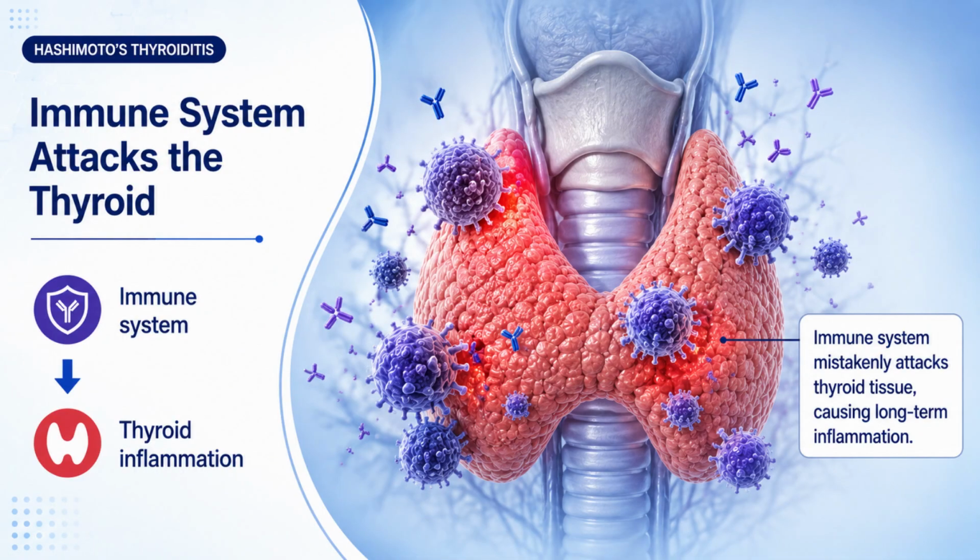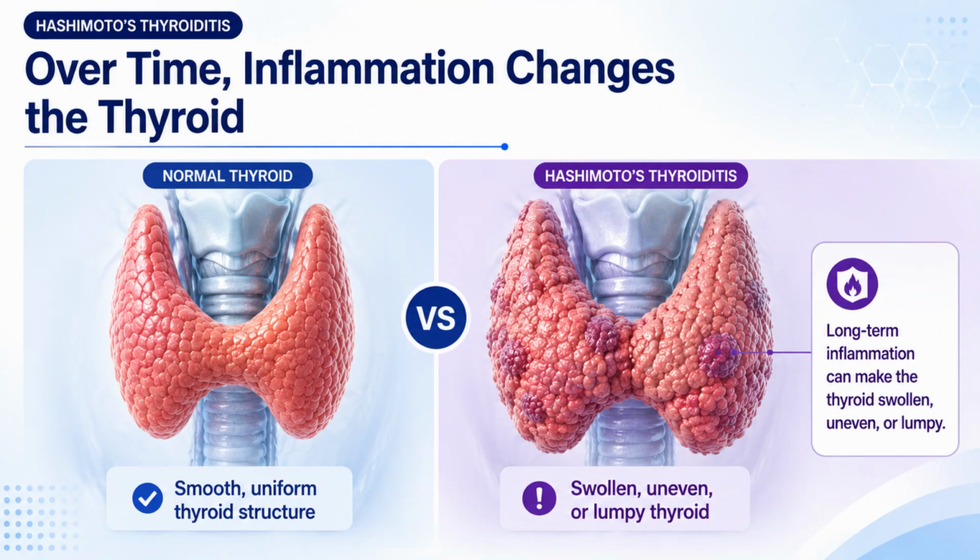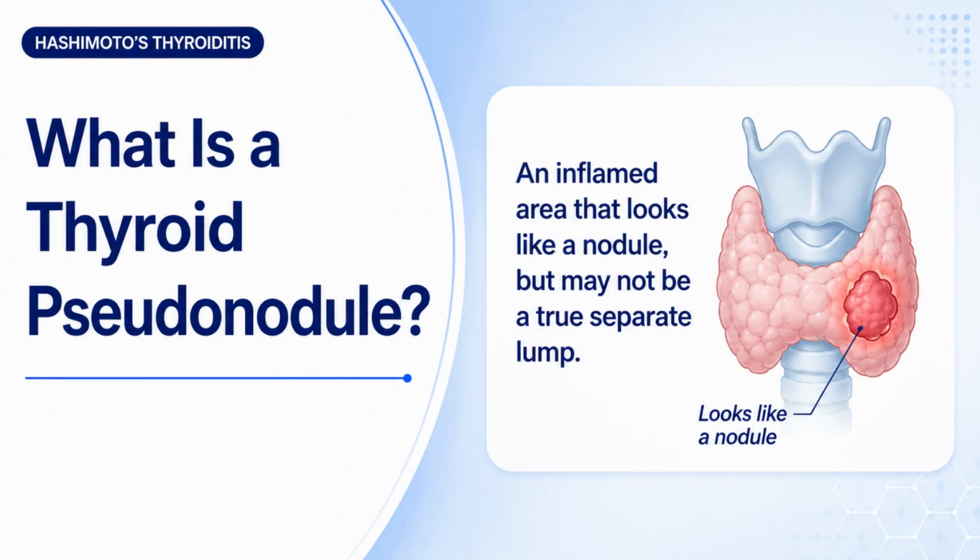Over time, this inflammation can make the thyroid swollen, uneven, or lumpy. Some inflamed areas may look like nodules, even though they are not separate growths. Doctors sometimes call these pseudonodules. A pseudonodule simply means an inflamed area that looks like a nodule, but may not be a true separate lump.